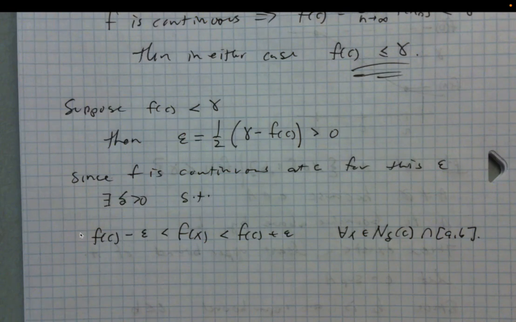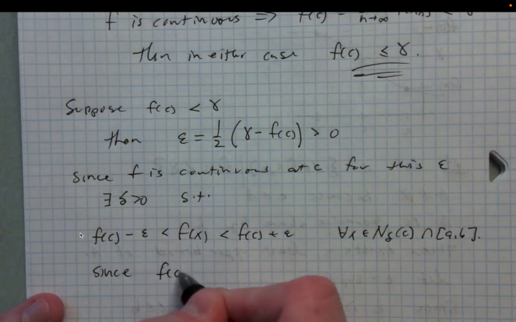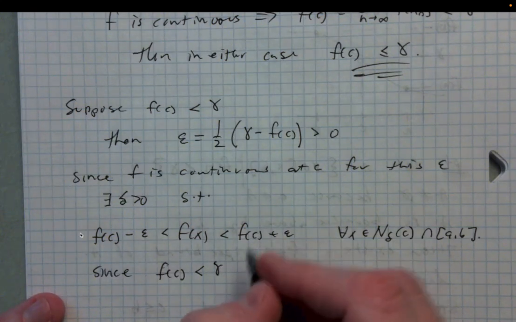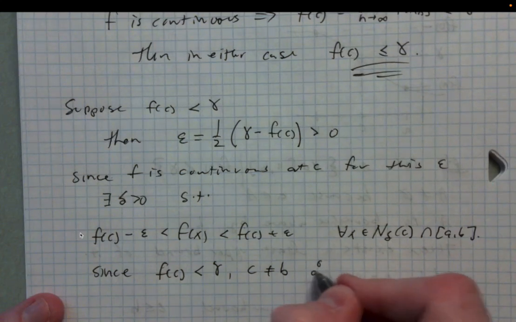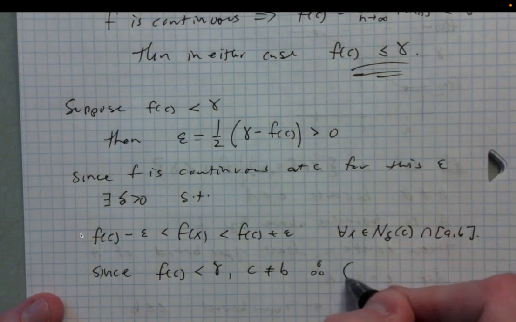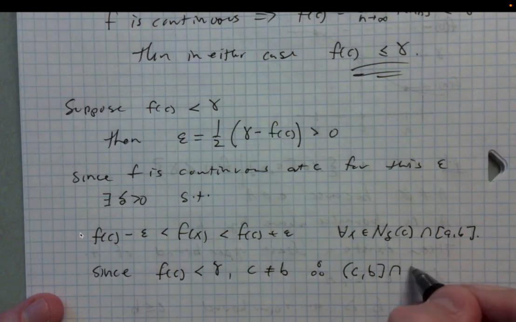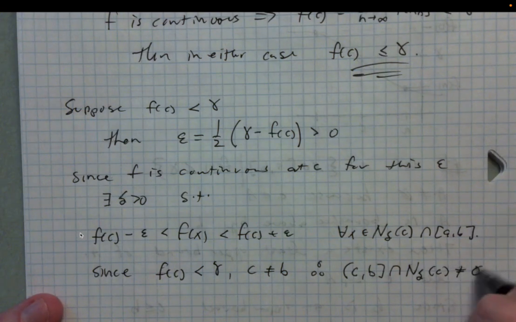Now, since we're assuming f of C is less than delta, C is not equal to B, and therefore the intersection of the interval C up to B and the delta neighborhood of C is non-empty.